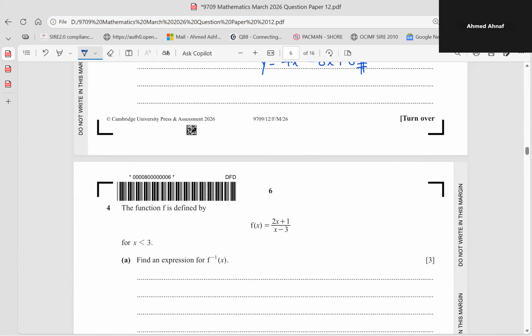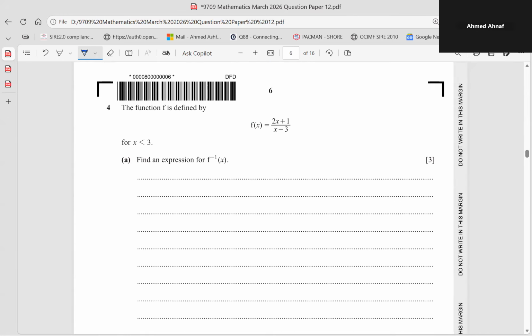Let's move on to the next question. Okay, so for this question, we are told that the function f is defined as such, and the domain for f is given as x is less than 3.